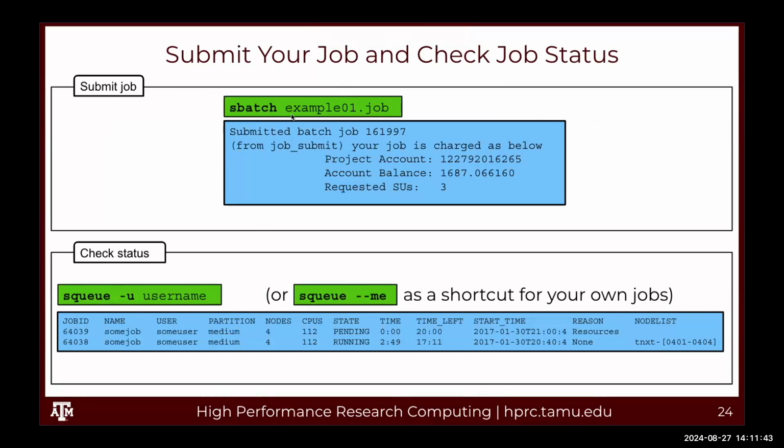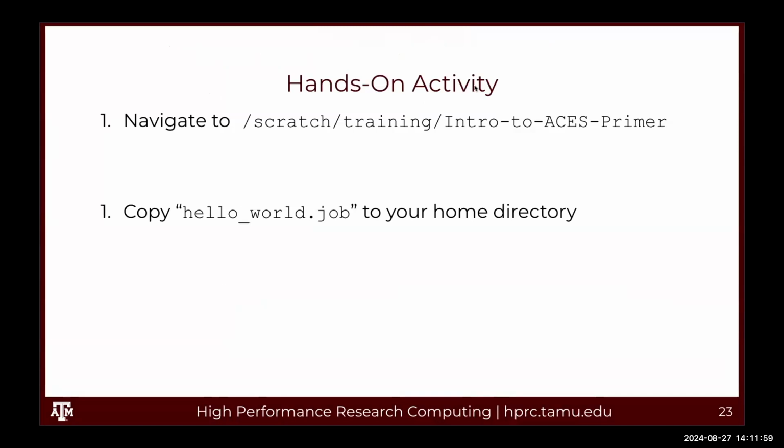To submit a job using our shell, you run the command sbatch and the name of your job. Before I go ahead and show you how to run this command, I want to know if you guys are able to follow so far and copy the file from this path to the scratch directory. Okay.